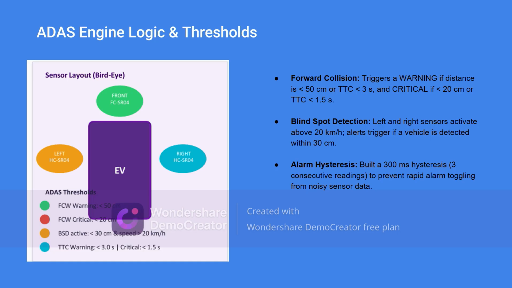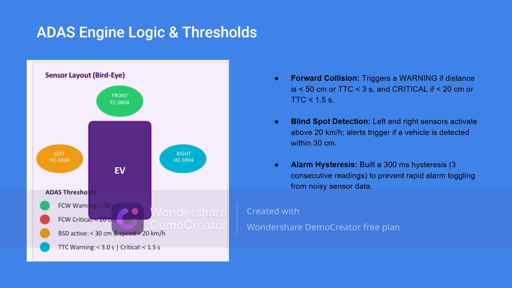The three sensors detect front collision and side collision blind spot detection, and it will show forward collision. It will trigger a warning if distance is 50 centimeter or less, or time to collision is less than 3 seconds, and critical if less than 20 centimeter or time to collision is less than 1.5 second.